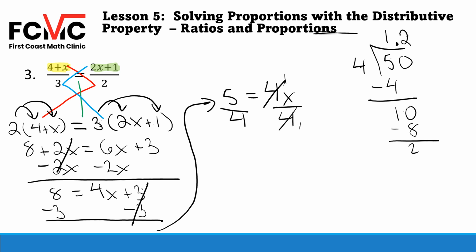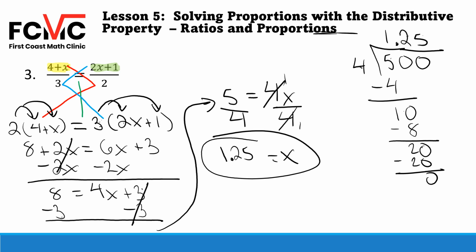Subtract, we get 2. Bring down another 0. 4 goes into 20 5 times. 5 times 4 is 20. So our answer for x is going to be 1.25 exactly.